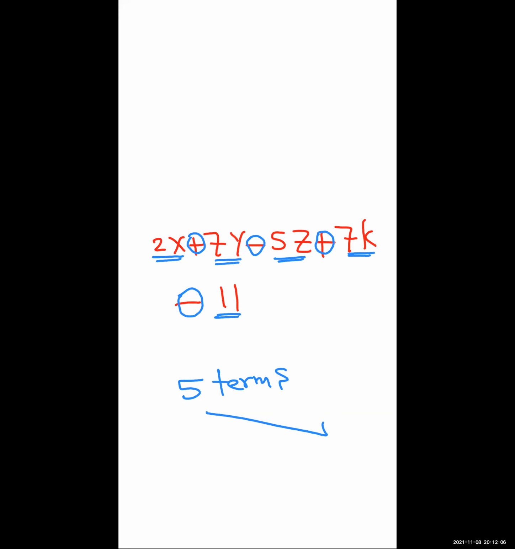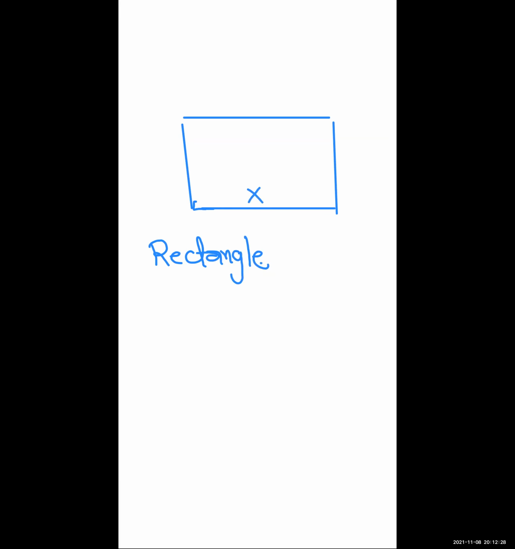Okay, the next point, I'm going to solve one example, so concentrate with me. Here, guys, there is a rectangle like that, and the length is x, and the width is 2.